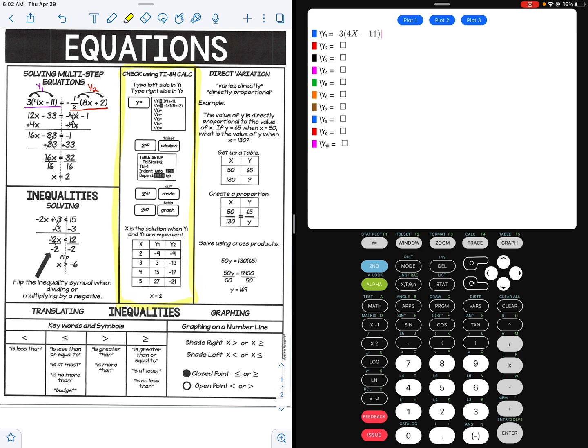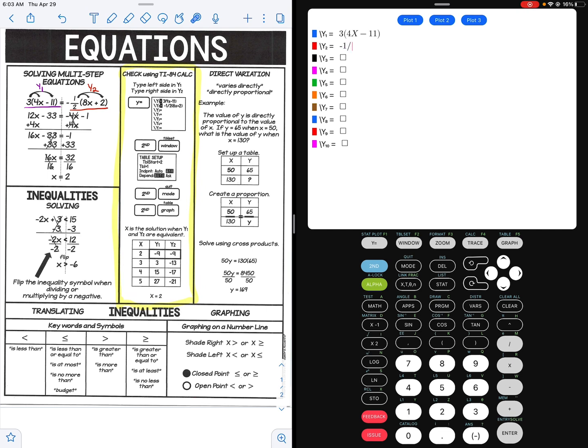Then we're going to come here to y2, and plug in this right side. We have to type in negative, which is right below 3. Then 1 over 2.